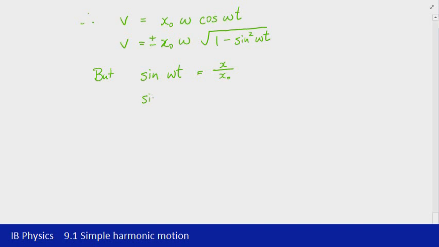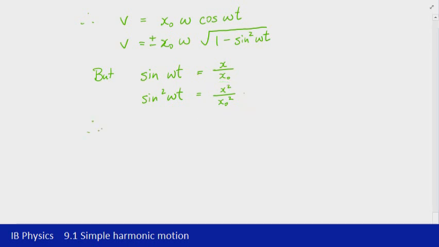And if we then square both sides, we'd end up with x squared over x naught squared. So we can make that substitution. This part here, given that it's equal to sine squared omega t, we can substitute into that part of the square root term.